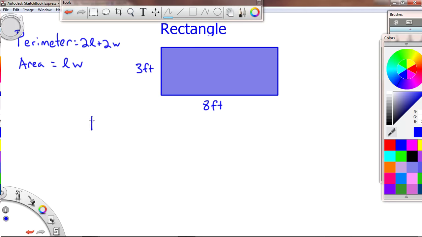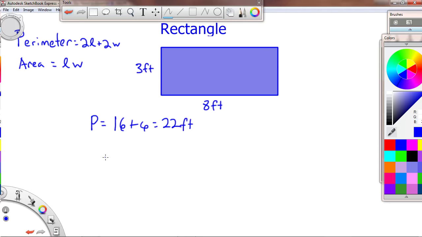Our perimeter, P, is going to be equal to, well, I'm going to double 8. You can even do this in your head. You don't have to do the substitution. You can just say, okay, well, that's 16 plus double this, 6. Bam, you're done. You don't need to write out the full formula. Double this plus double this, 16 plus 6, 22. And that's going to be feet because we're measuring distance.